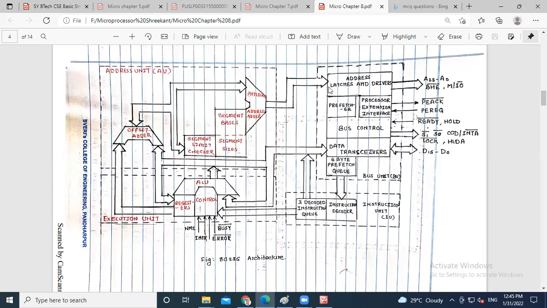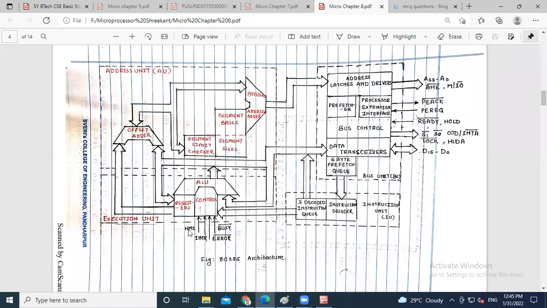IU, BU, EU and AU, whatever I mentioned in the previous sections. Just go through that explanation, whatever I covered. Here we also use a 3-decoded instruction queue and instruction decoder; coder and decoder purposes are in the instruction unit.